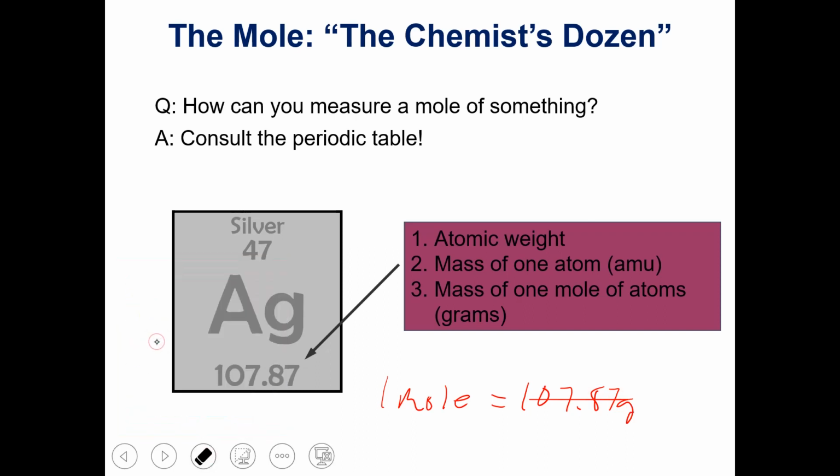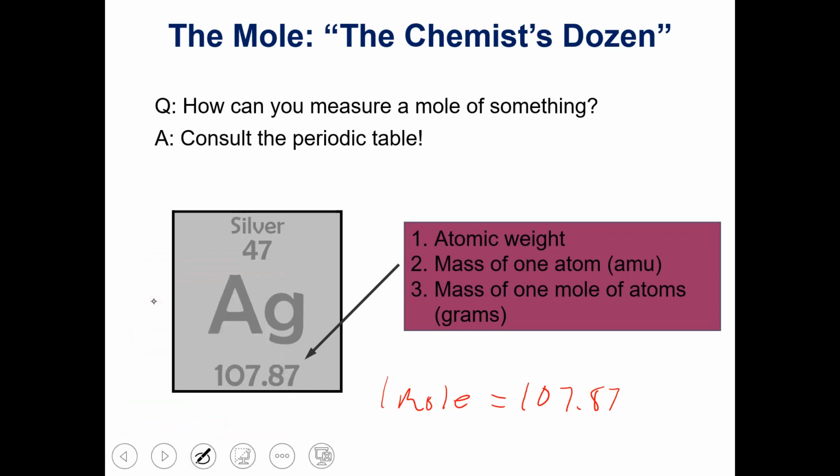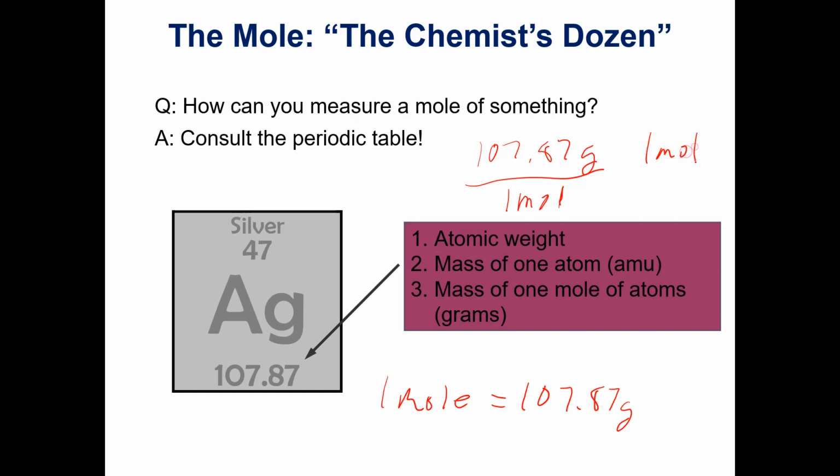And I can use this convenient fact as a conversion factor. So if I wanted to go between moles of silver and grams of silver, I can express this as 107.87 grams of silver per 1 mole of silver, or I can write 1 mole of silver per 107.87 grams of silver.